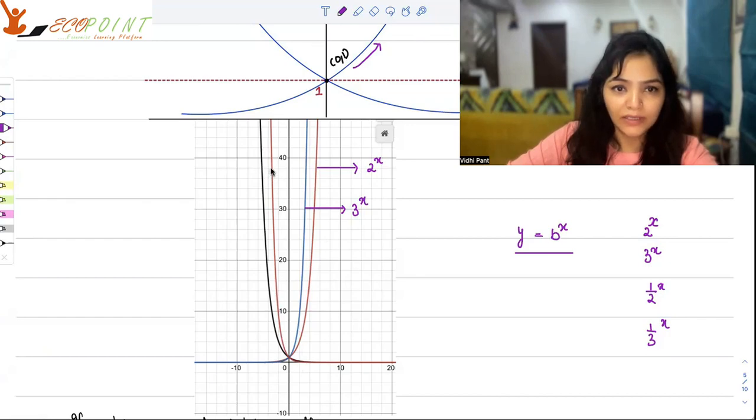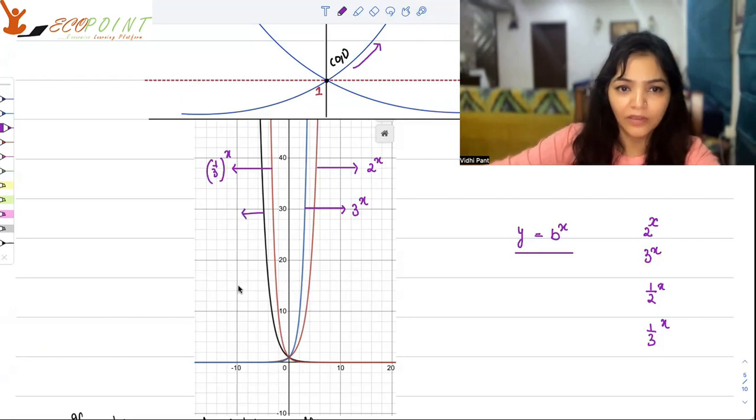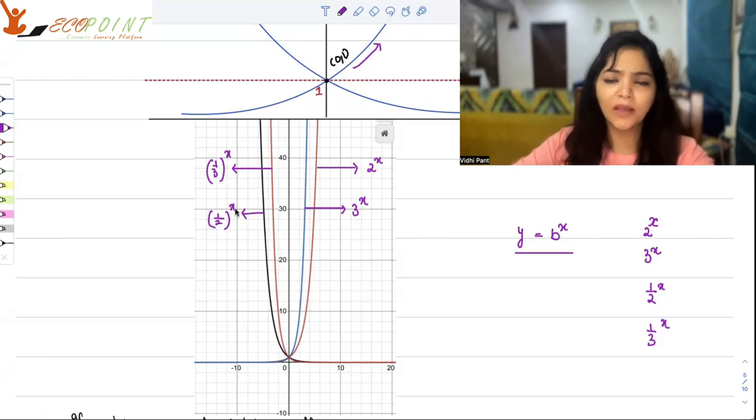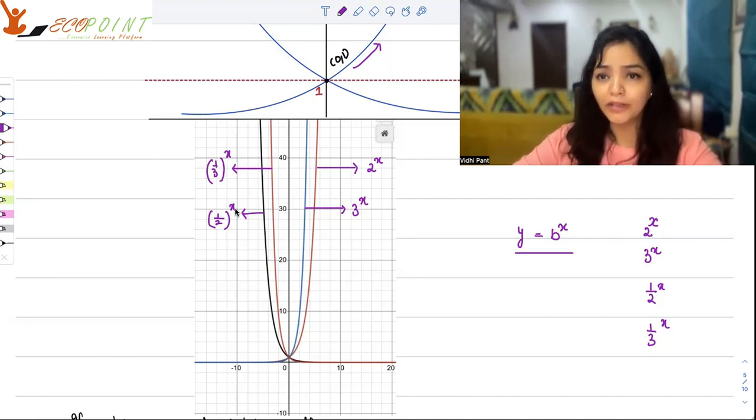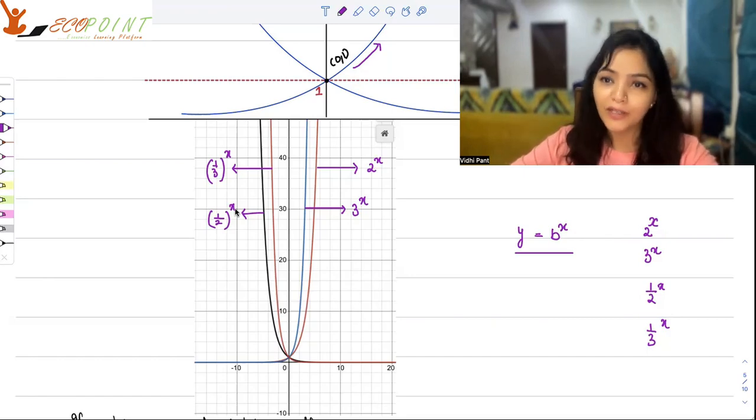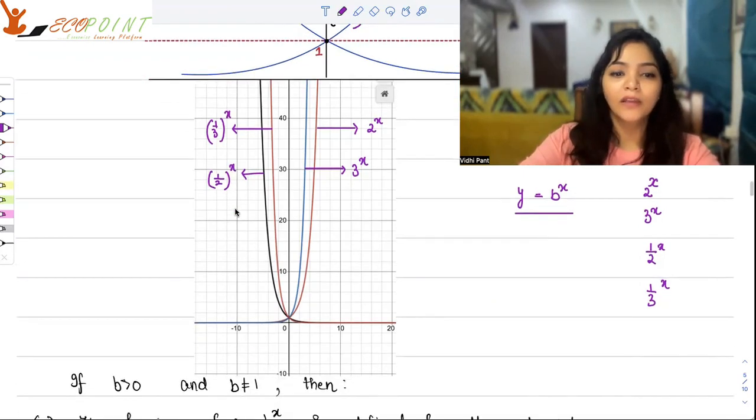Now, this red color graph that you see here is the 1/3 to the power x graph, and this is the 1/2 to the power x graph. These were just some values that I took. You can take different bases, and you can create the entire family as much as possible. You can create a big family of these graphs. This is what is a family of exponential functions.